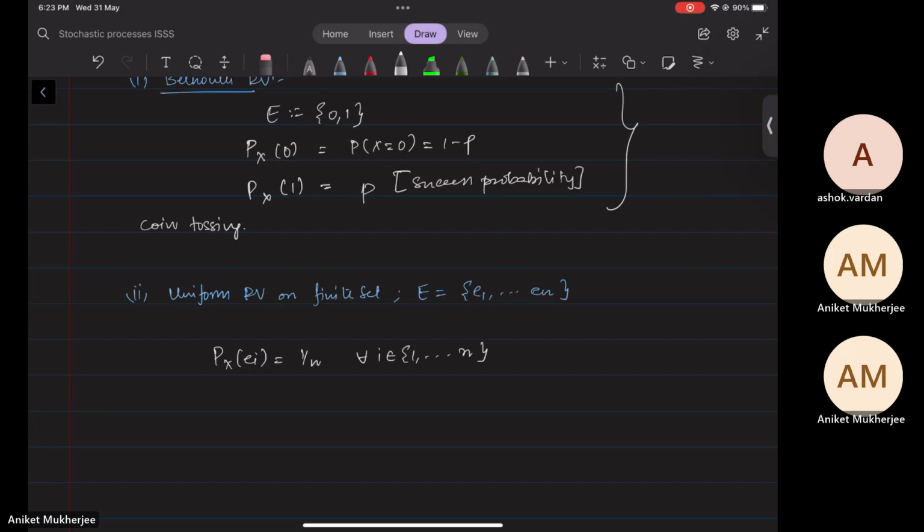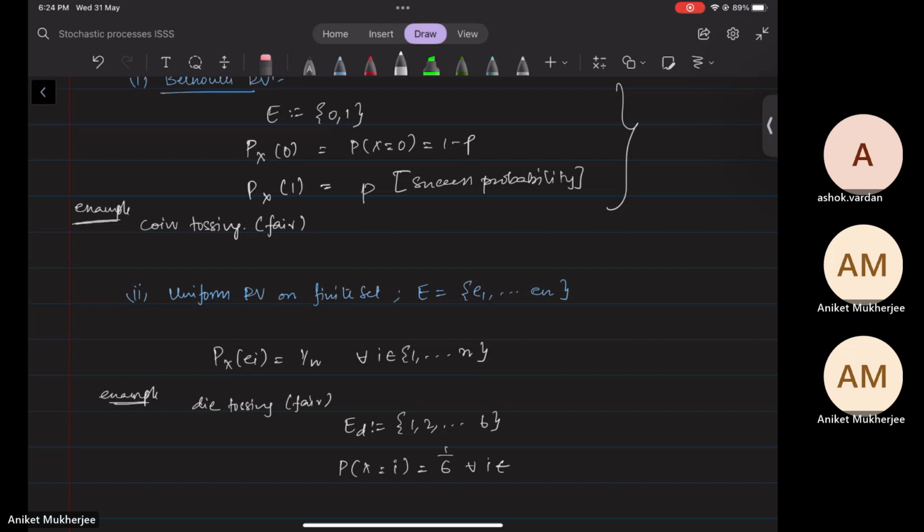Here the example is a fair die tossing. Here E is 1 to 6 and the probability of X equal to i is 1 by 6 for all i belonging to 1 to 6.